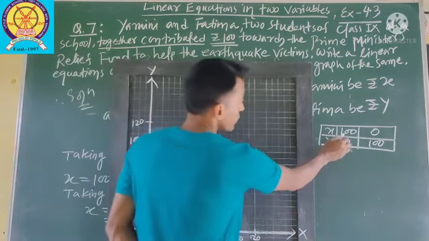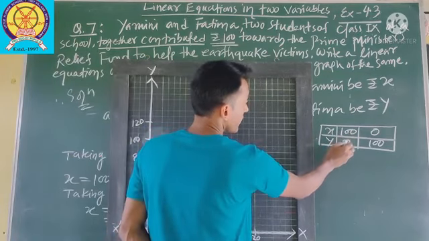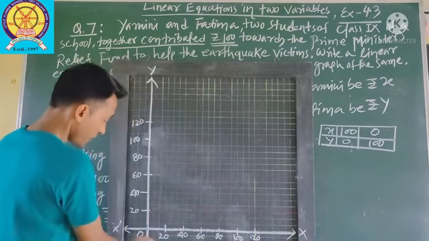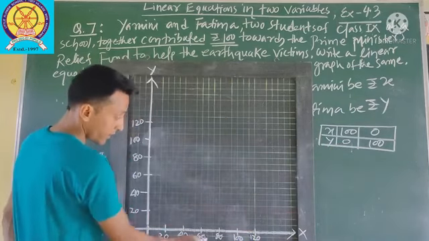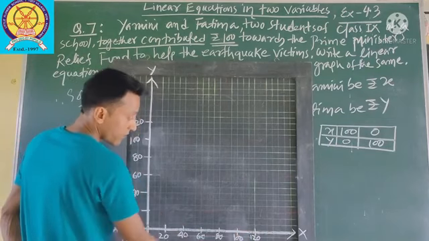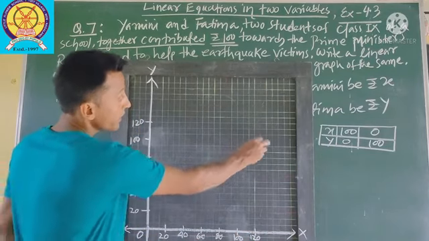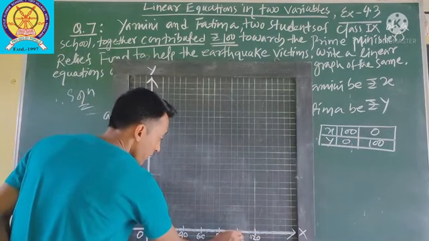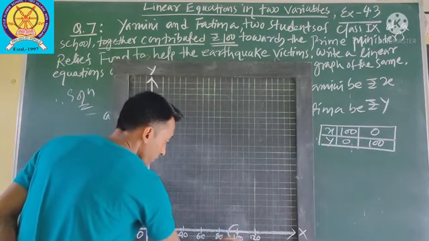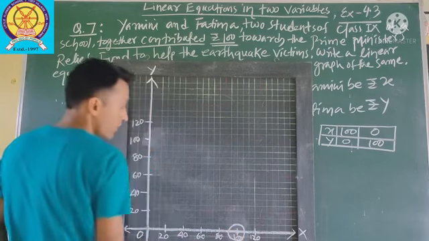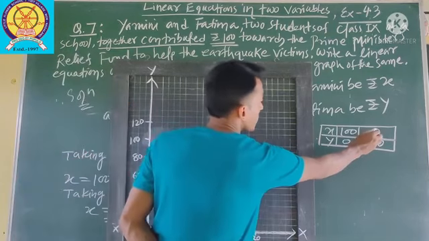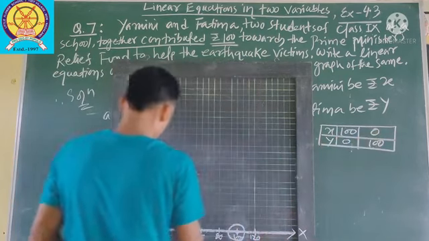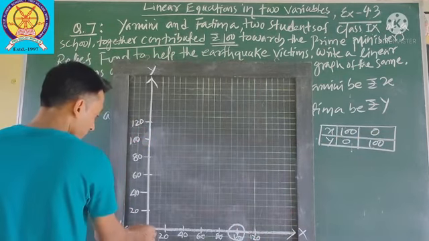So what are the coordinates we have? x coordinate 100, y coordinate 0. So on the x axis you see 100, this is the 100, and y is 0. That means your point will be here. Then the next coordinates are 0, 100. x is 0, that means here.